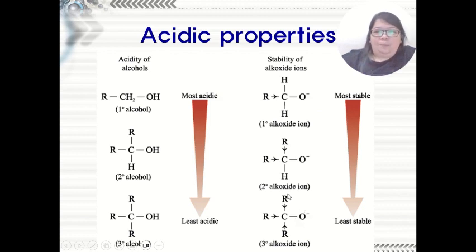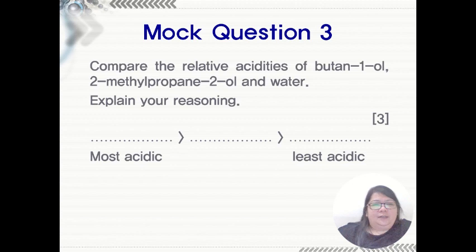So now let's go back to mock question 3. You're supposed to compare the relative acidities of butan-1-ol, 2-methylpropan-2-ol, and water. Butan-1-ol is a primary alcohol, 2-methylpropan-2-ol is a tertiary alcohol, and also water. Water is not an alcohol. Now, alcohols are always weaker acids compared to water.